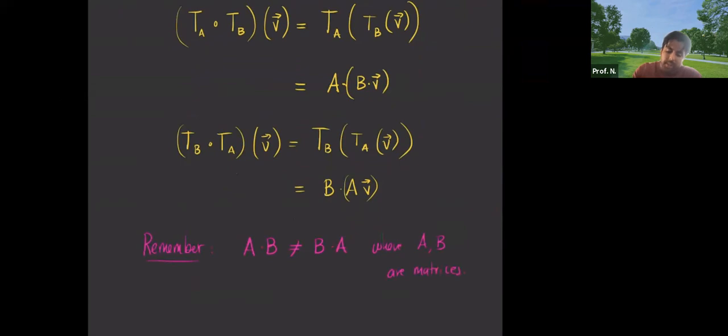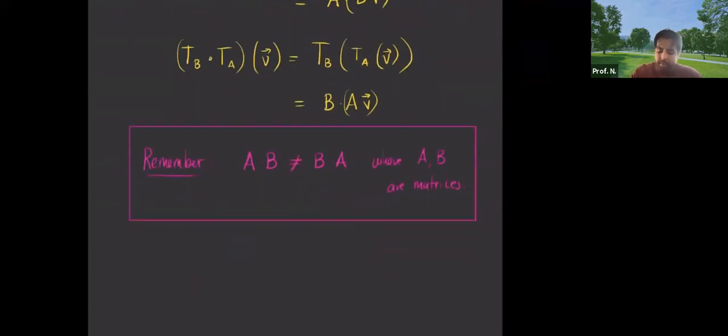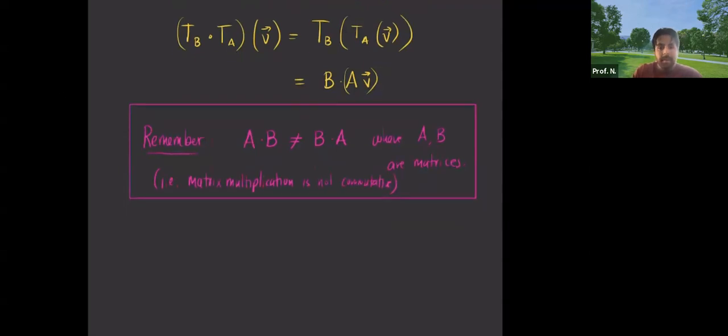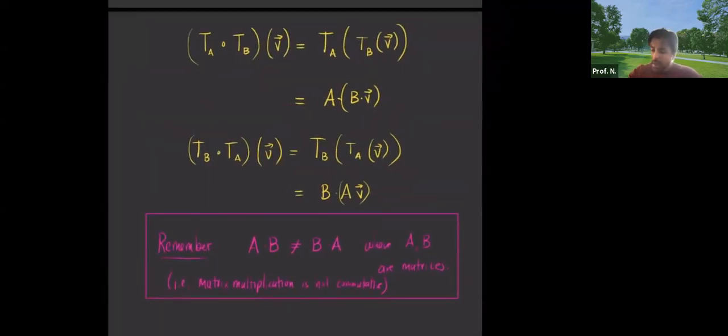This is an important fact about matrix multiplication. It's not commutative. So in other words, matrix multiplication is not commutative.